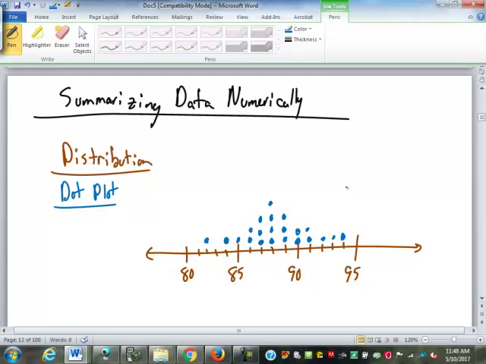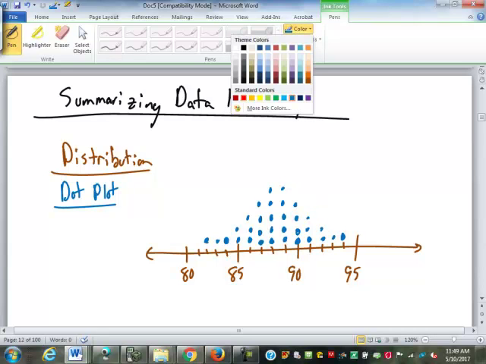Now with a small number of tests, you usually don't get a great distribution. But if you have enough data points, you can get a pretty clear picture of the data. And even here, you're starting to get a picture of what this curve would look like.